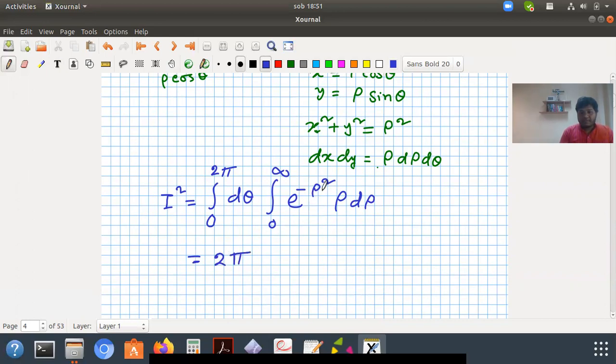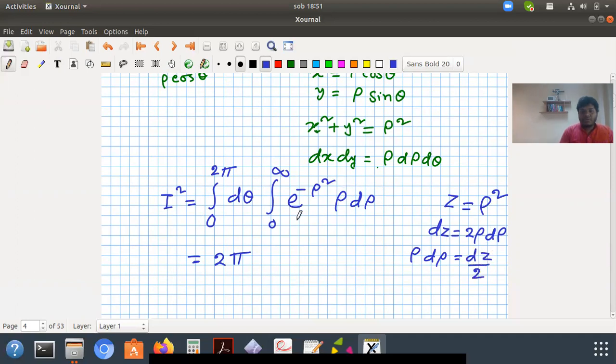And what about this term? For this, we can change the variable from rho to z, defining z equals rho square. So dz will be 2 rho d rho, so rho d rho will be dz over 2.